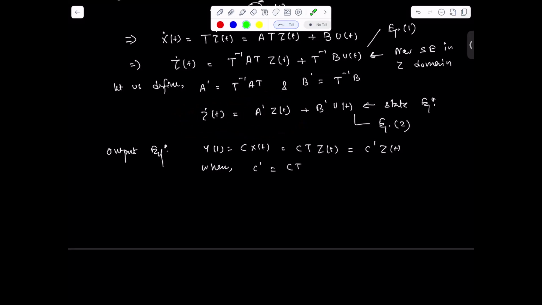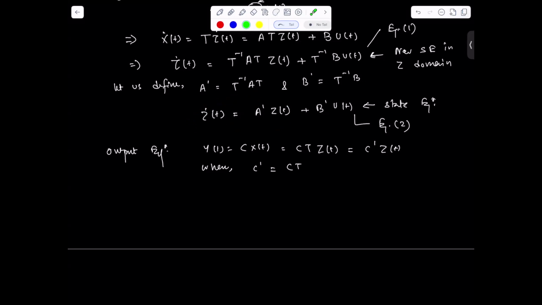You see, this is Z1, Z2, Z3, this Z vector, and this is the dot, and we have the diagonal element. So the system is completely decoupled. If the states are decoupled from each other, we can easily find the solution. That is why it is a very, very powerful technique, if you can convert the original system, which is in coupled form, into decoupled form.